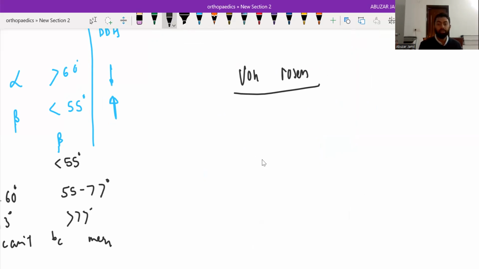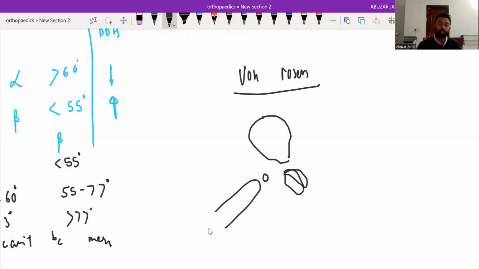So in a normal patient, suppose this is the setup, this is the pelvic bone. In a normal patient, the midline through the shaft of femur crosses the acetabulum or triradiate cartilage.